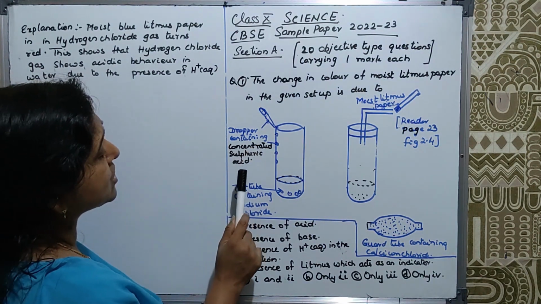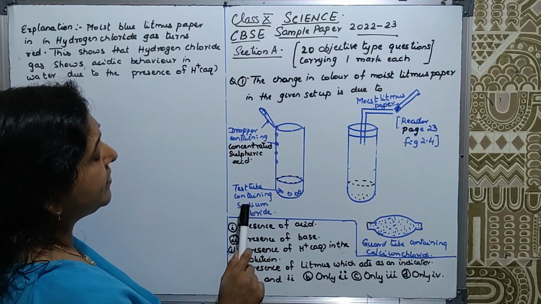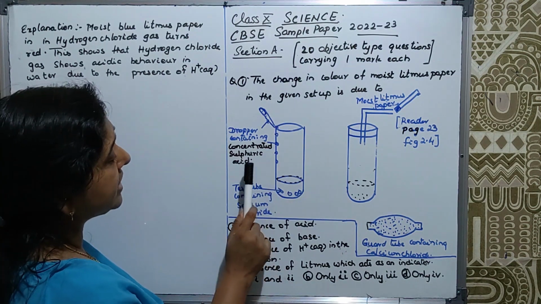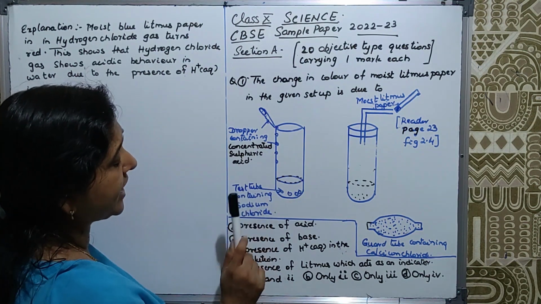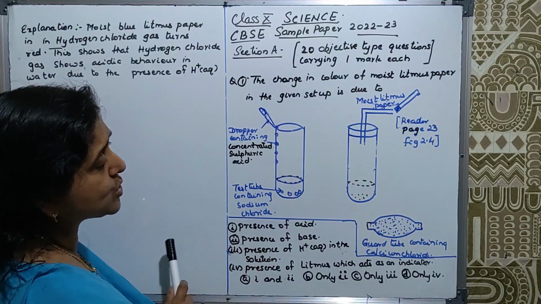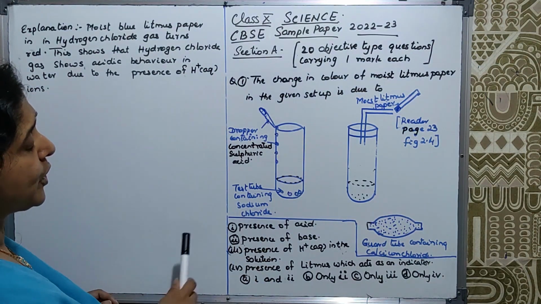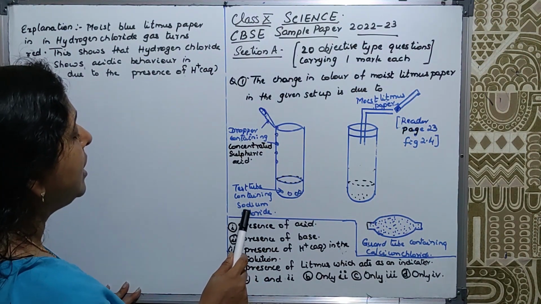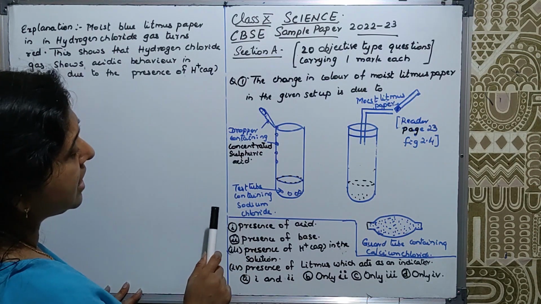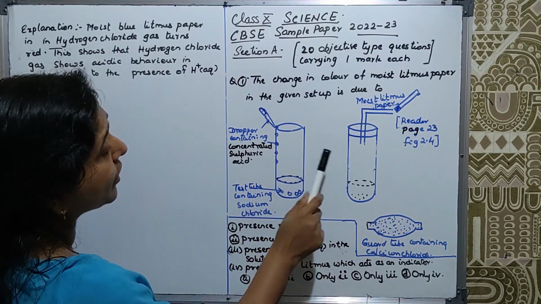This setup is a combination of concentrated sulfuric acid being added to solid sodium chloride. The products formed are sodium sulfate and hydrogen chloride gas.